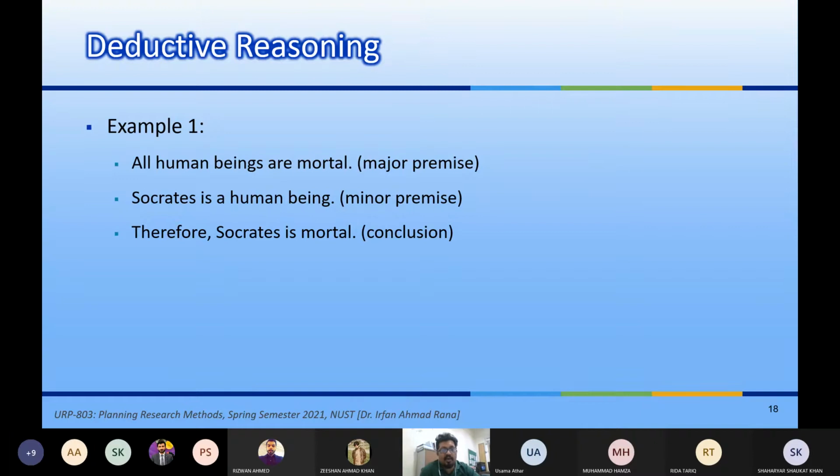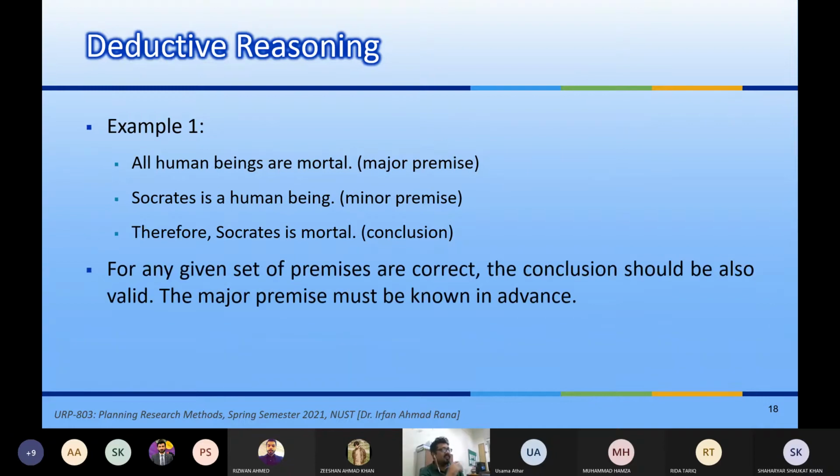We know that all human beings are mortal, and we know that Rizwan is a human being. Now we are using deductive logic. We conclude that Rizwan is mortal. So that is deductive. We have a view, theory, or general statement out there, and we make specific observations. The only thing you need to know is the facts. If your facts are not out there, or not already proven, we cannot employ the deductive approach.